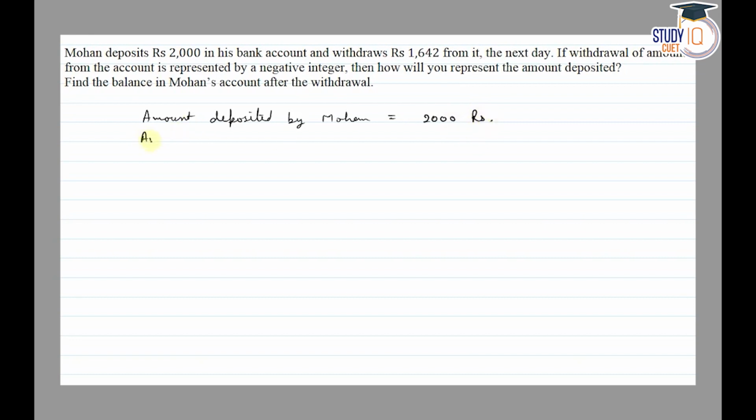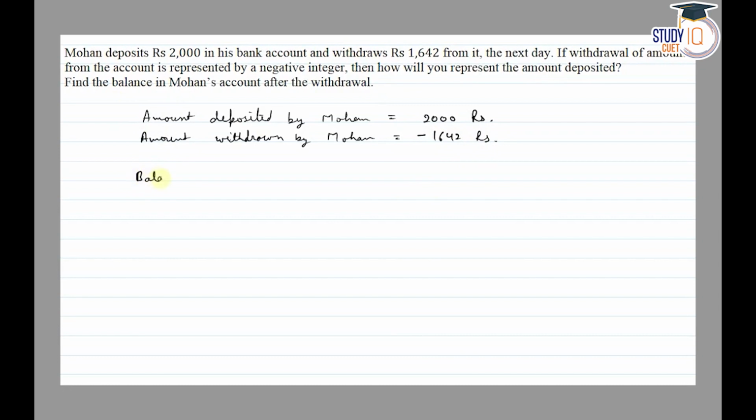And the amount withdrawn by Mohan is equal to 1642. But we have withdrawn this, taken it out, so this will be negative 1642 rupees.